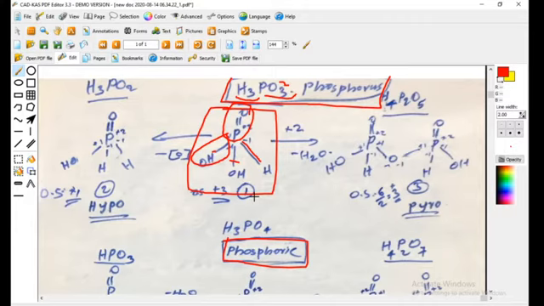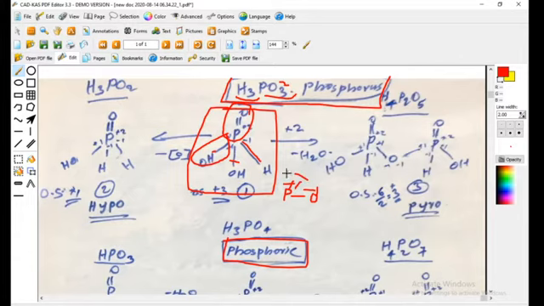Going to the oxidation state of phosphorus acid, when phosphorus is attached to oxygen, as we know oxygen is more electronegative than phosphorus, so a minus 1 charge is given to oxygen and a plus 1 charge is given to the phosphorus atom.